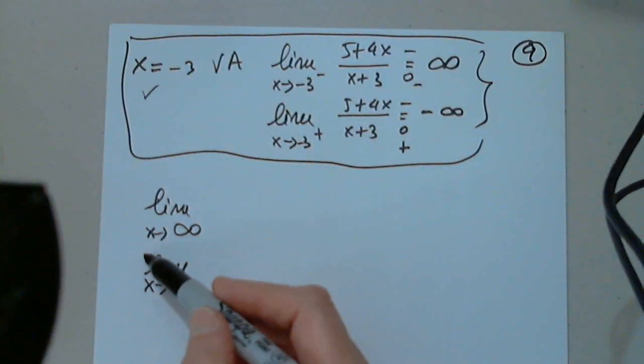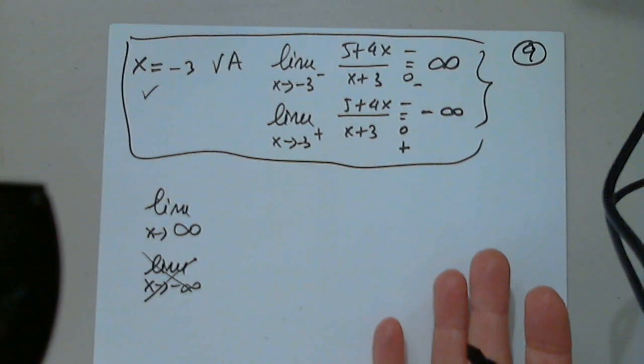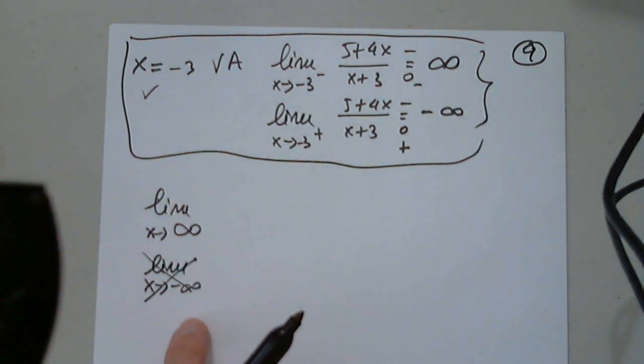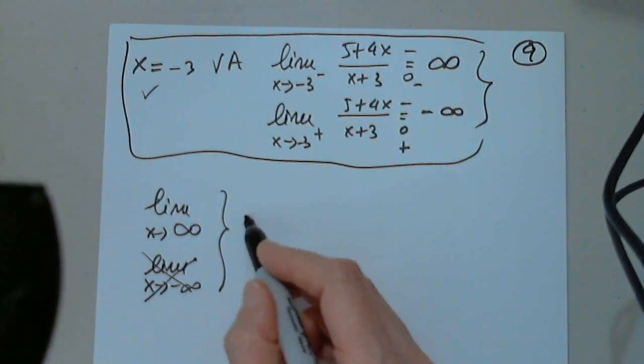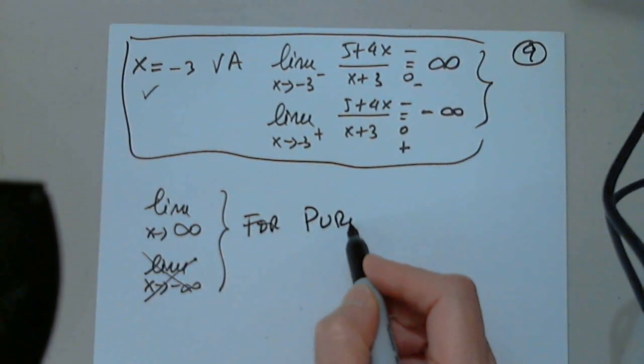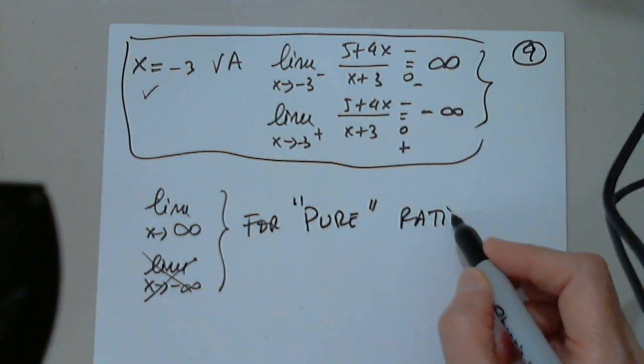Since this is a rational function, there is no need to determine both, because they will be the same. But this is not always the case. This is true for pure rational functions, no combinations with other functions.